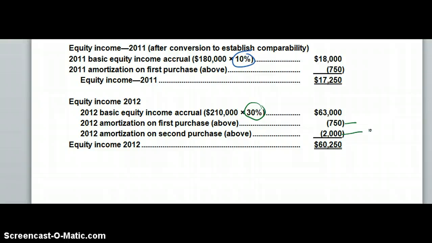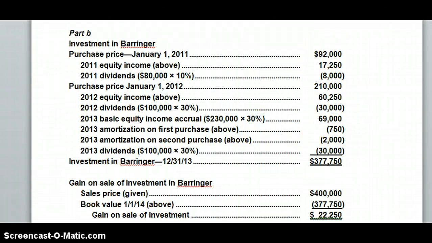So had we always used the equity method, we would have reported $17,250 in net income in 2011, $60,250 in net income in 2012. Remember, in 2012, we own much more, 30% of the shares.